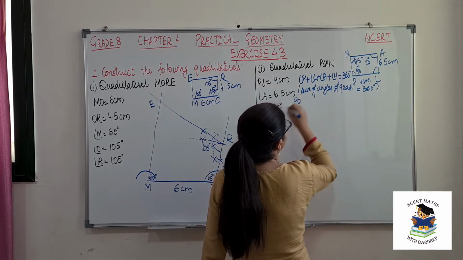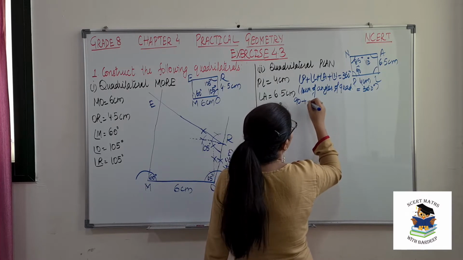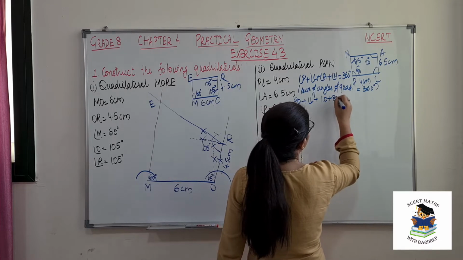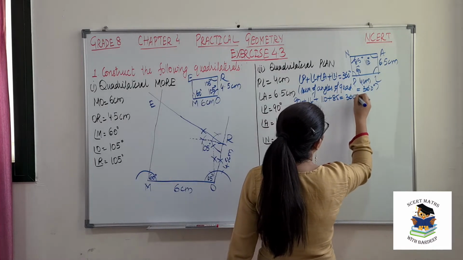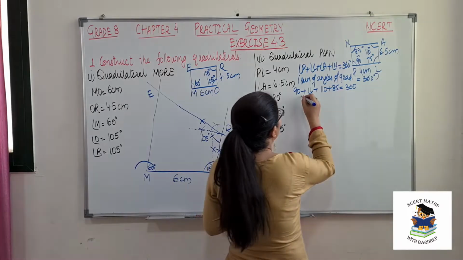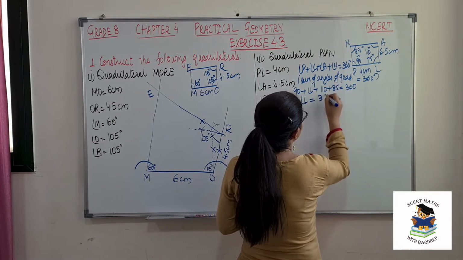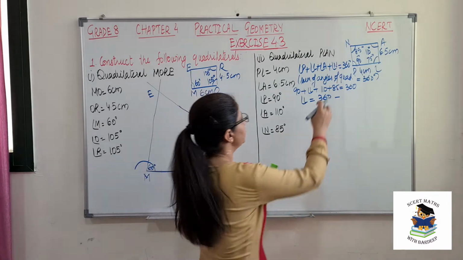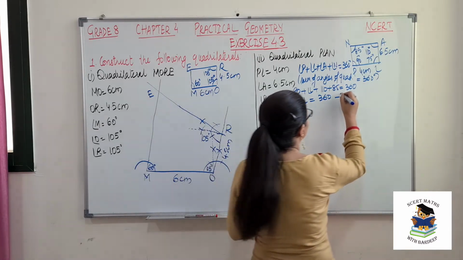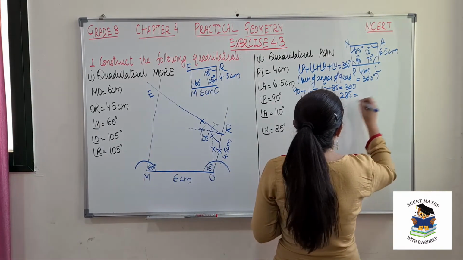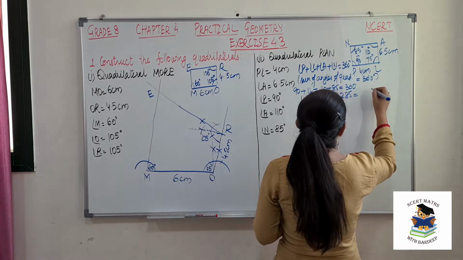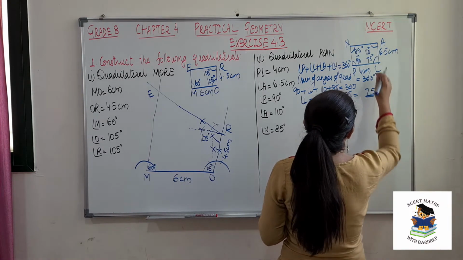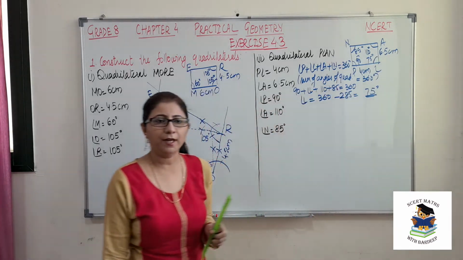P is 90, L we need to find, A is 110 and then 85 is equal to 360 degree. So angle L will be 360 minus 110 plus 90 is 200, plus 85 is 285. When you subtract this from 360 you will get 75 degree. So this angle is 75 degree.